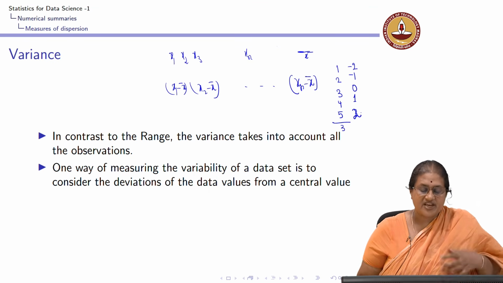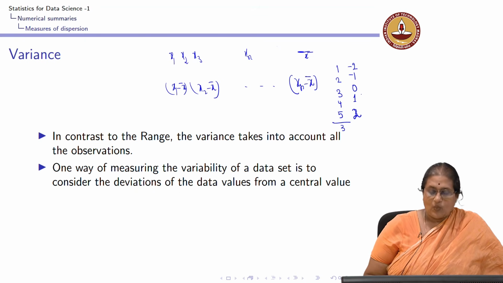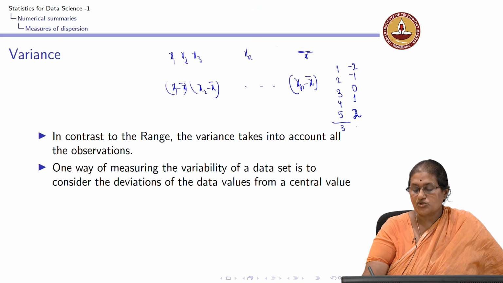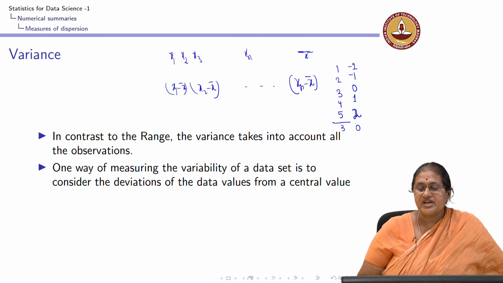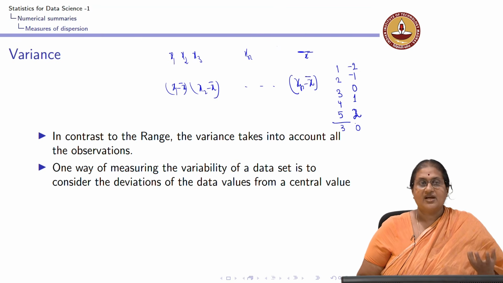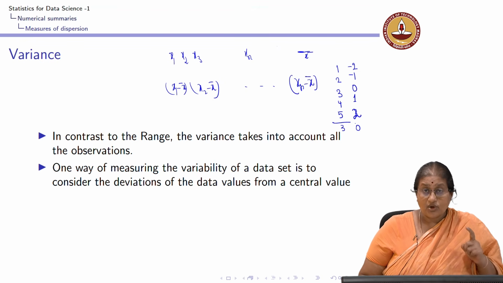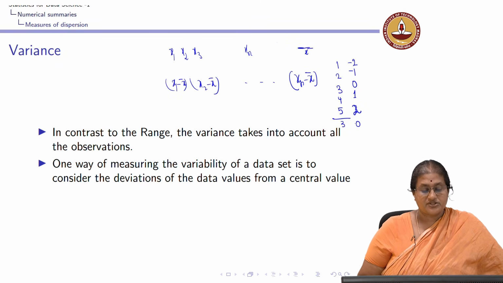These are the deviations of the data set. But afterwards I need an aggregate measure. I cannot just give the deviations. One possibility is to sum up all the deviations, but I see it goes to 0. Hence summing up the deviations is not a very good measure of the variability, even though I have taken all the data points into consideration.